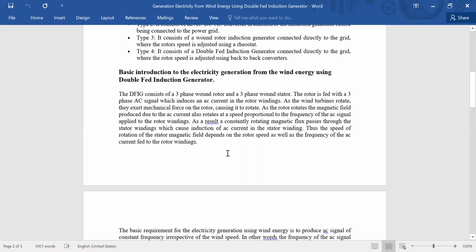This constantly rotating magnetic flux passes through the stator winding and causes the induction of AC current in the stator winding. Thus the speed of rotation of the stator field depends on the rotor speed as well as the frequency, because speed is 120 F by P.